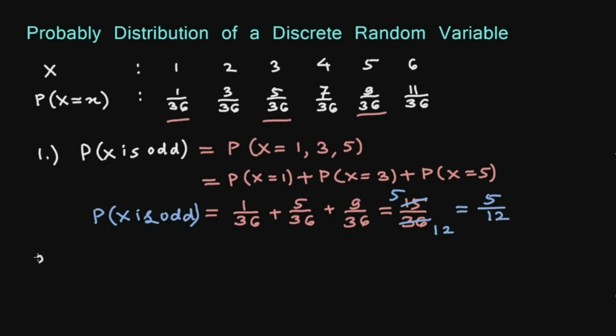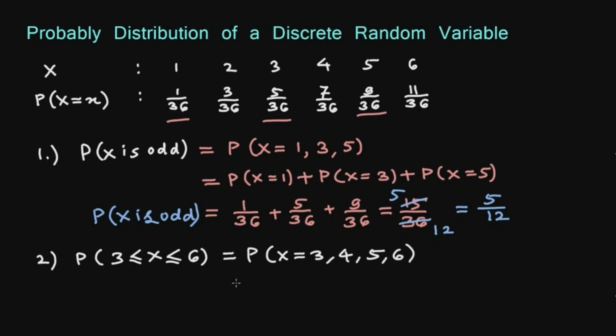Secondly, we have to find p when x lies between 3 and 6, that is 3 less than or equal to x less than or equal to 6. That will be p when x is 3, 4, 5 and 6. That will be p x equals 3 plus p x equals 4 plus p x equals 5 plus p x equals 6.